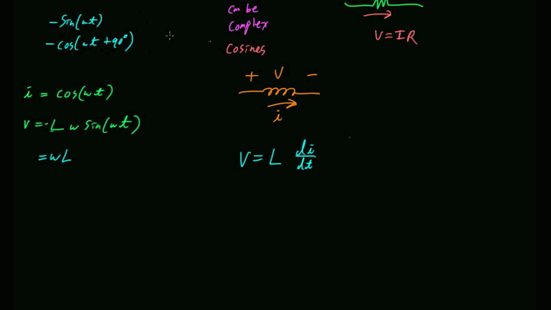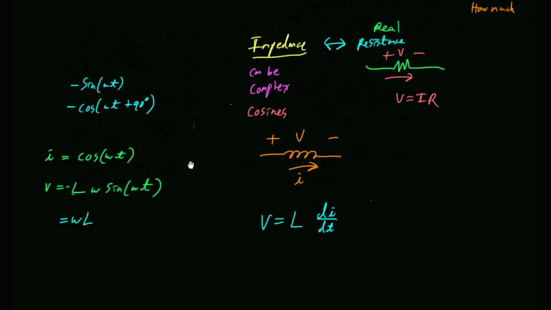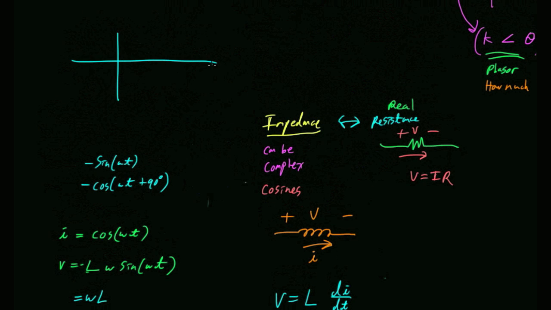Let's see. Here's how I do it when I don't remember these things. I don't have the tables memorized. Okay, so minus sine looks like that. So what I could do to get this is I could start with a cosine, which looks like that.